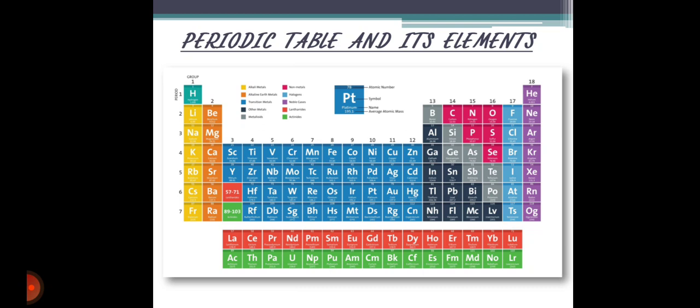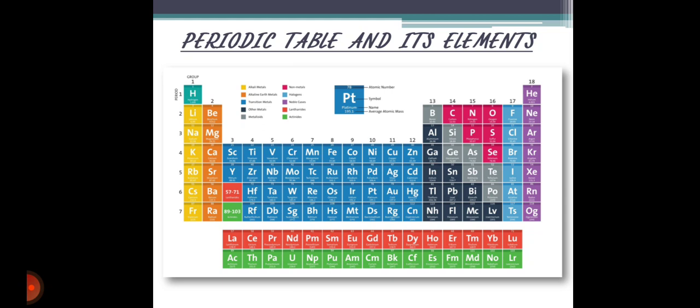Each chemical element is arranged in this tabular form so that we can accurately predict the properties of various elements, study the relation between them, keep track of newly discovered elements, and analyze chemical behavior and how two chemicals might react with each other.